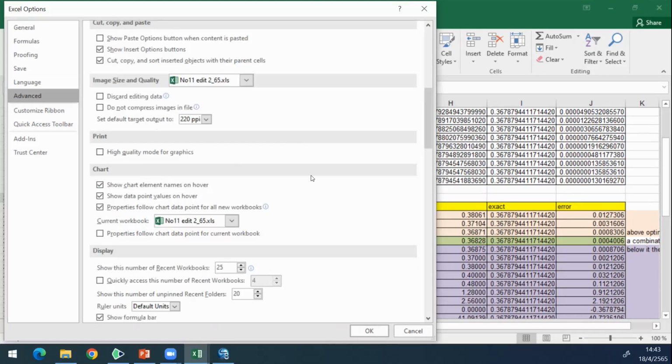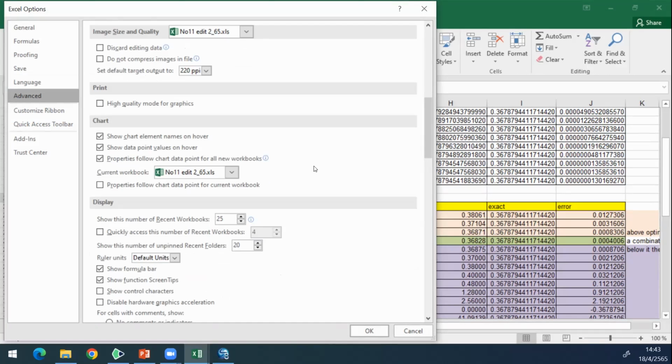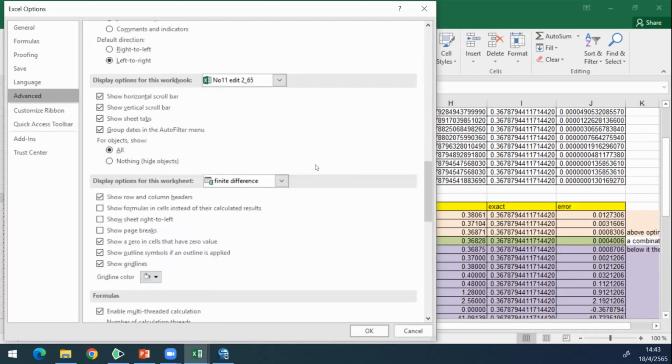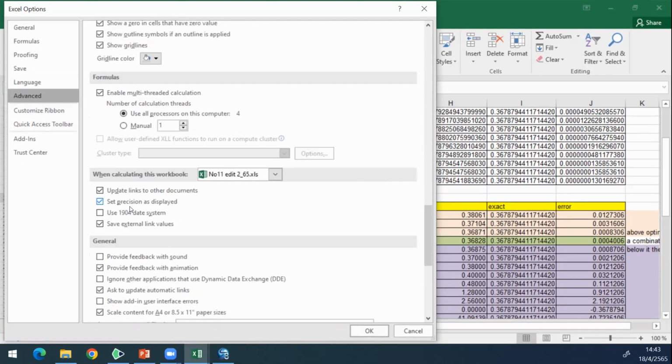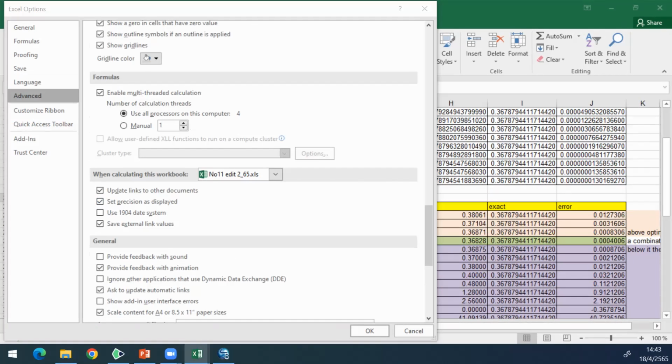For someone who would like to know the effect like this, you may set it up in Excel like this: set precision as displayed. Normally this checkbox is not checked, but just for this sheet I checked it because I would like to show you the effect of precision in the calculation.